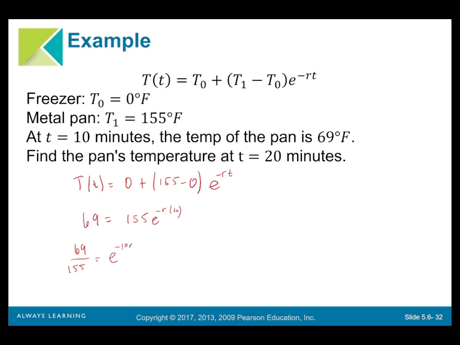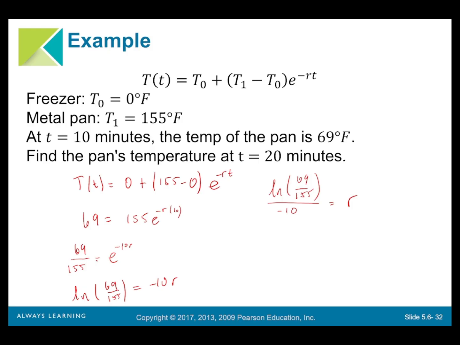Then, of course, we take the natural log of both sides. We're looking at ln 69 over 155 equals negative 10R, since, again, the natural log and the e cancel each other out. And so we now just divide by -10, and we get that ln 69 over 155 divided by -10 is equal to our rate r.